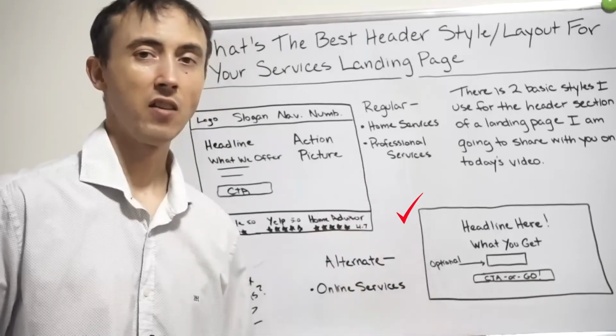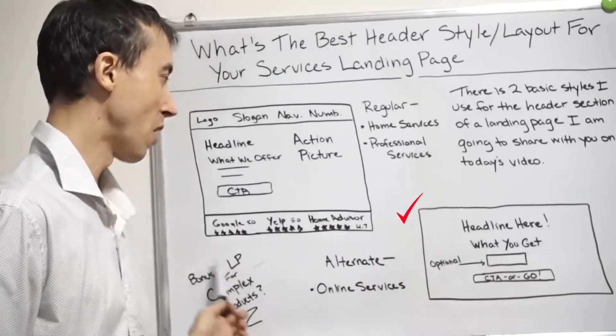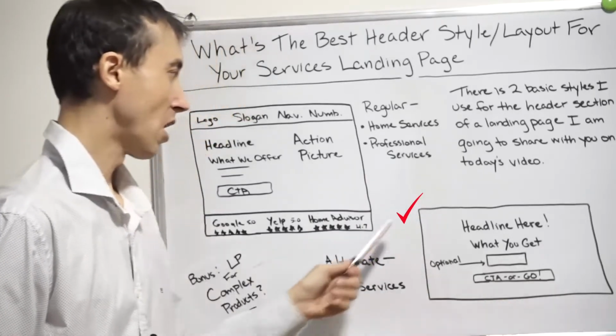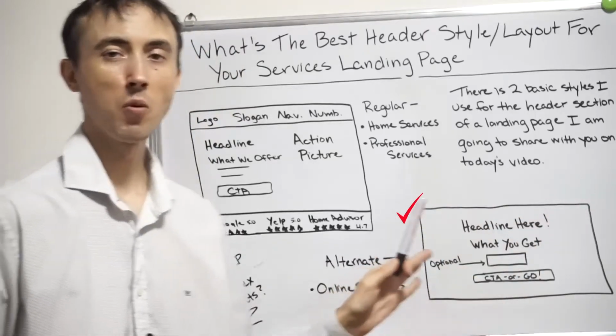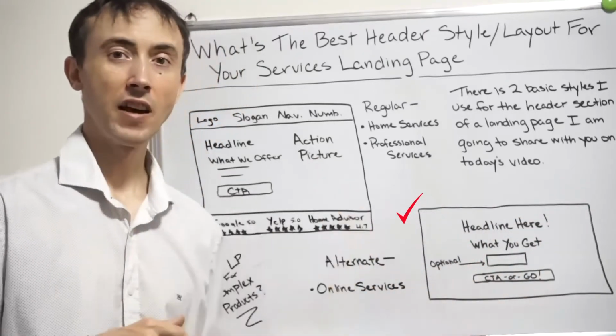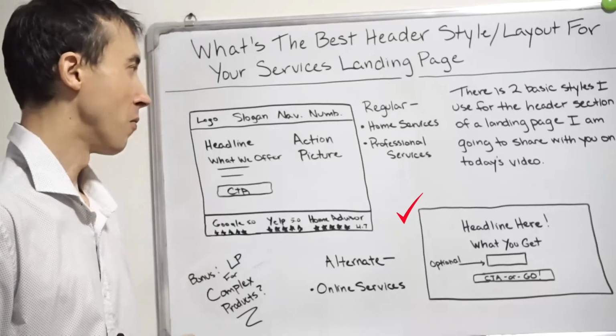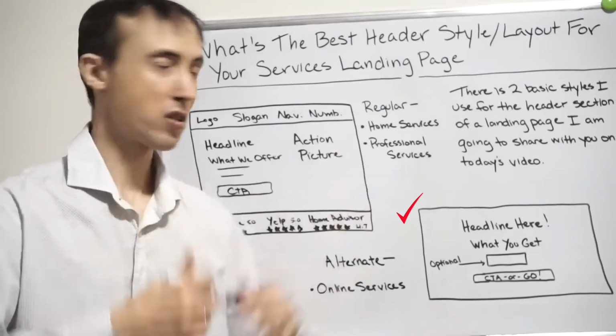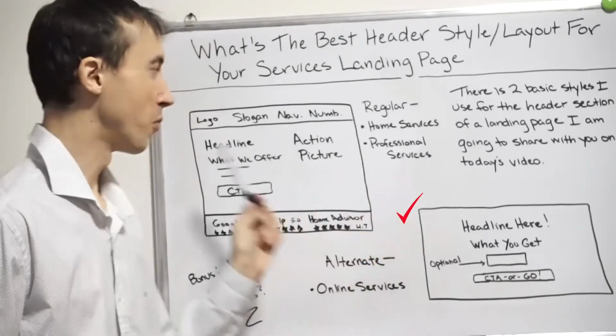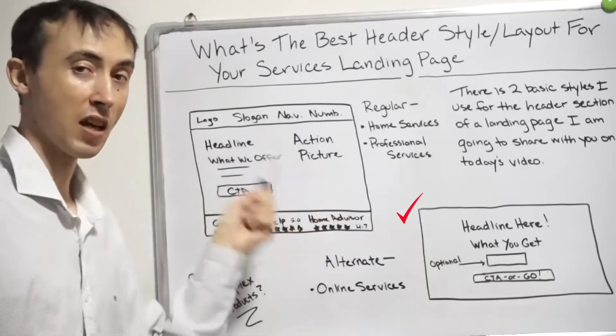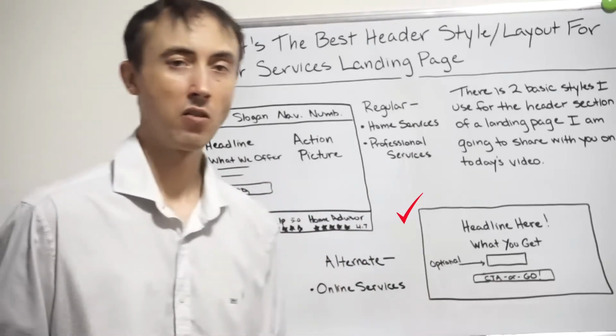And then below that, you have your reviews and your normal header section, but that's going to be the normal thing for a quote on an online delivered service, versus what a real professional service or a home service would have. This style works kind of best, as we have found.